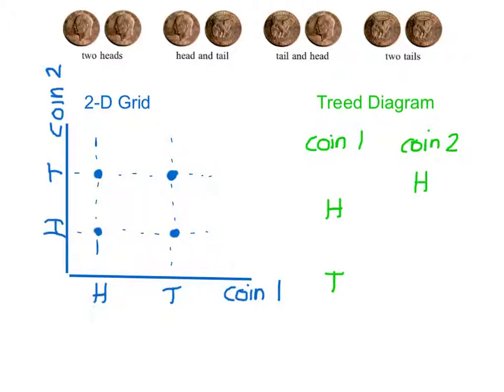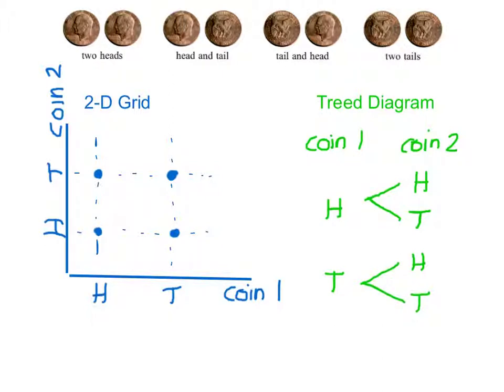So if I flip a heads on coin 1, I could then flip a heads or a tails on coin 2. Likewise, if I flip a tails on coin 1, I could flip a heads or a tails on coin 2. And we connect those with branches, and this creates our tree diagram.